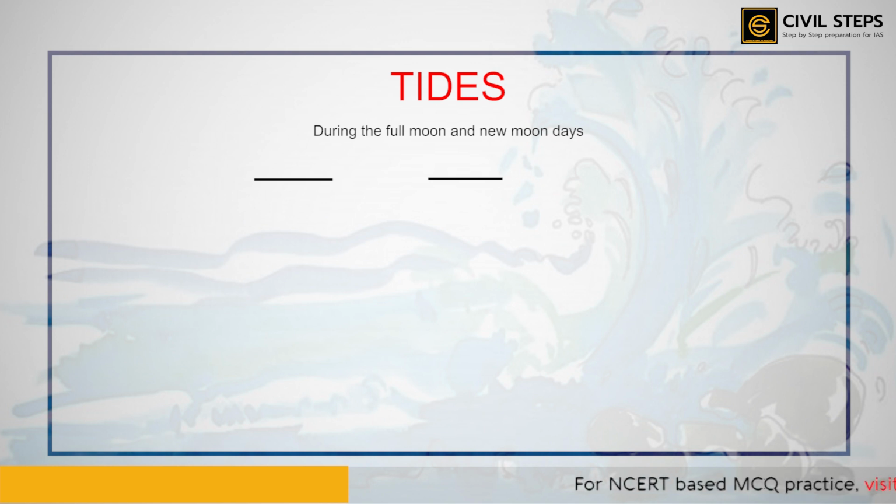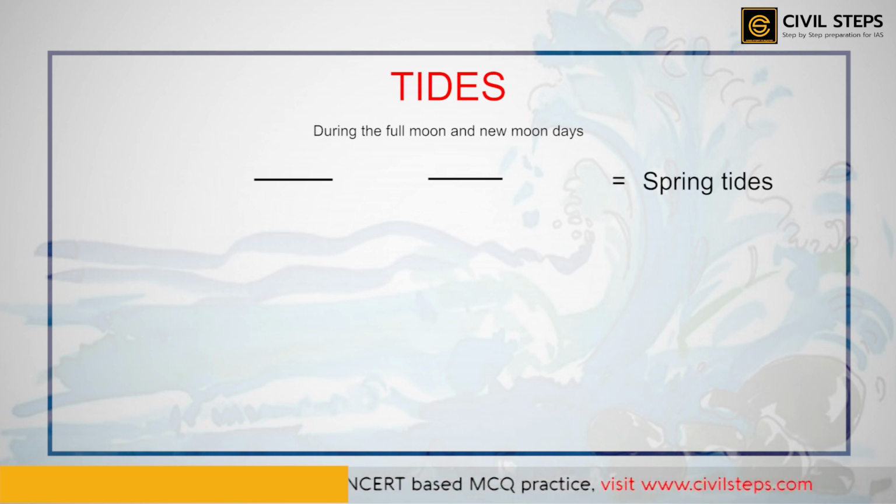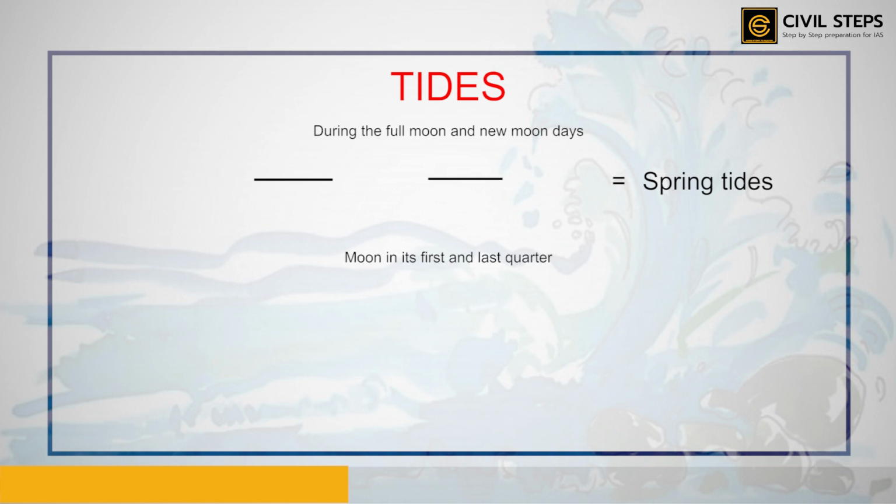These tides are called spring tides. But when the moon is in its first and last quarter, the ocean water gets drawn in diagonally opposite directions by the gravitational pull of the sun and the moon, which results in low tides. These tides are called neap tides.